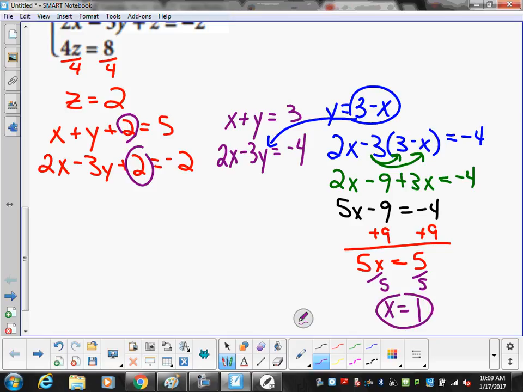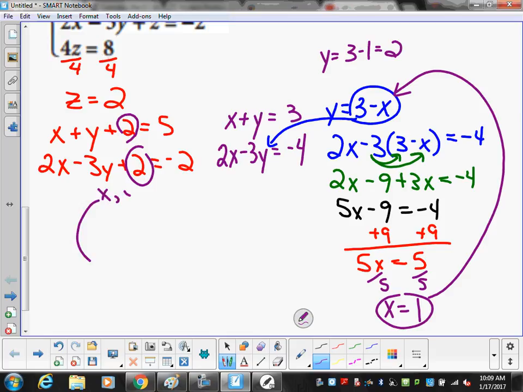I'm going to plug it in right there and find y. I'm going to go back and find the easiest place to plug it into. And so y is equal to 3 minus 1. So y is also equal to 2. So my solution is x, y, z, which is 1, 2, 2.